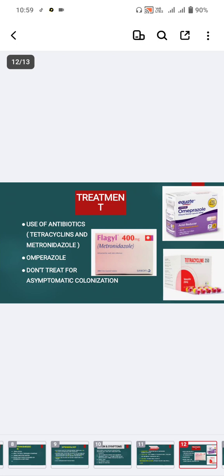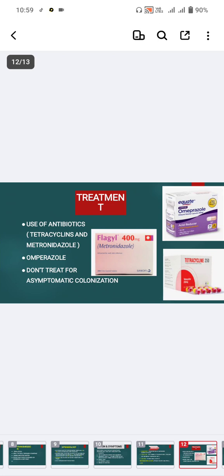The general treatment for H. pylori is the use of antibiotics, that is tetracycline, metronidazole and omeprazole. These are general medicines which can treat H. pylori infection.